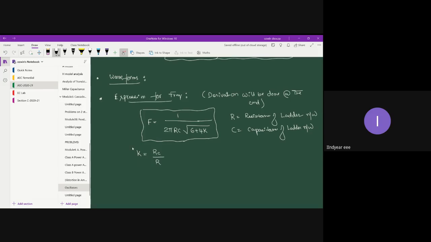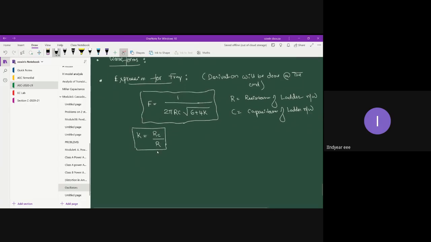We will do the derivation in the end. Fine, so that's about your RC phase shift oscillator.